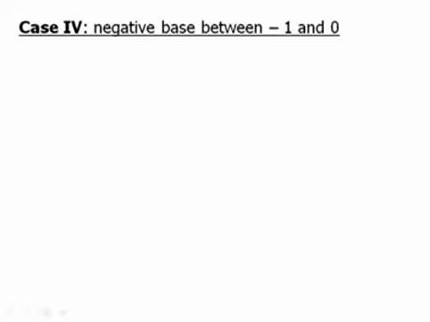Finally, the last case, a negative fraction. That is to say, a negative base between -1 and 0. This would be a number that is negative and has an absolute value less than 1.